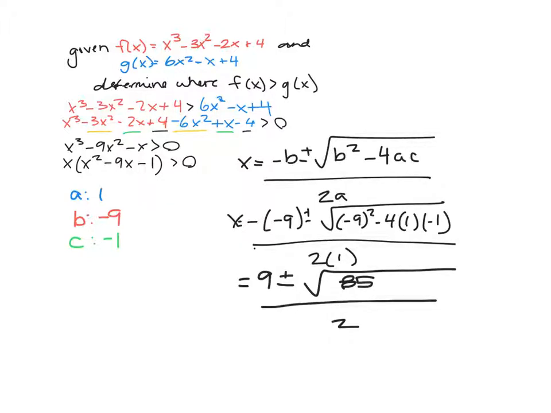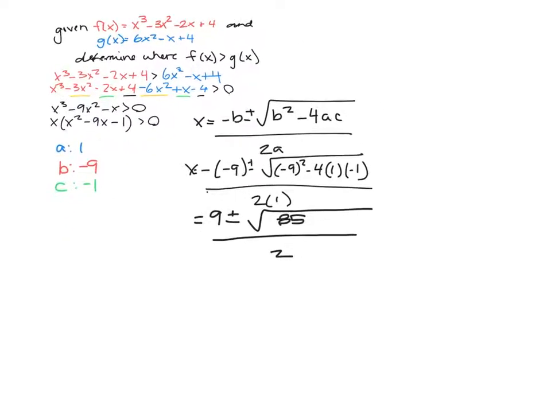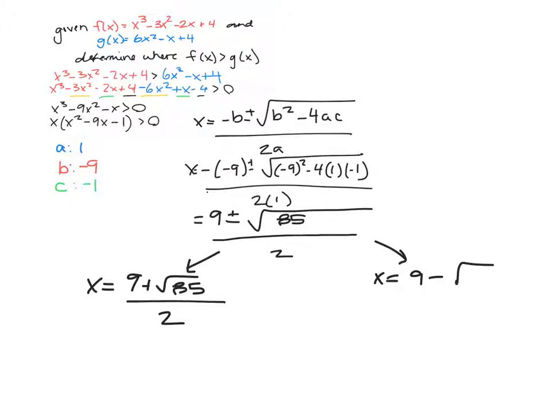And now we have two ways of going with this. x is equal to 9 plus root 85 divided by 2, and x is equal to 9 minus root 85 divided by 2.